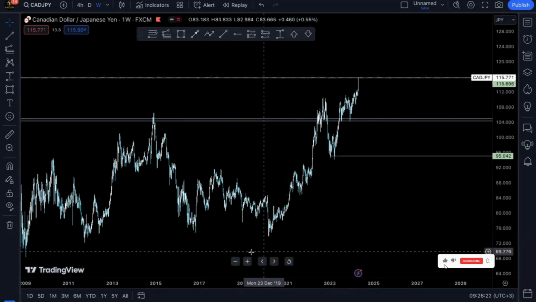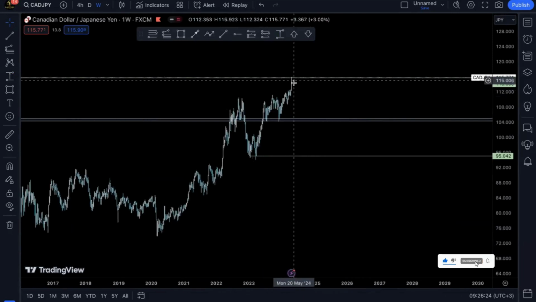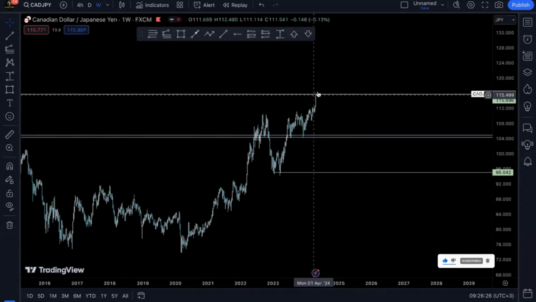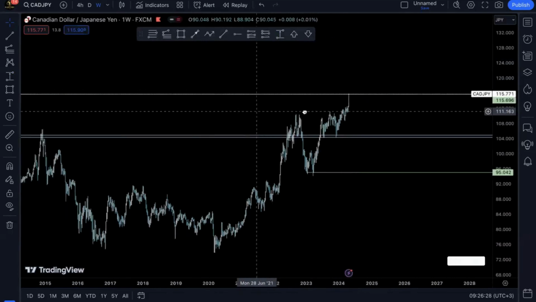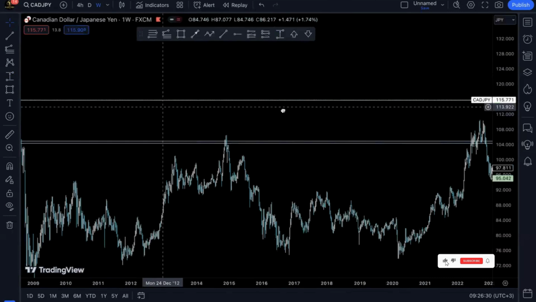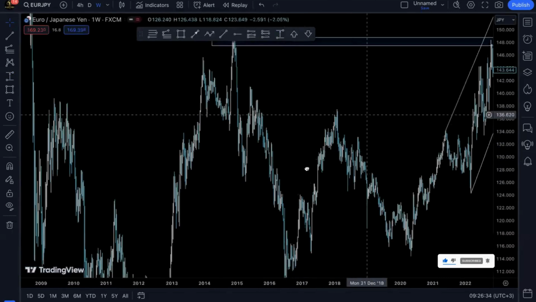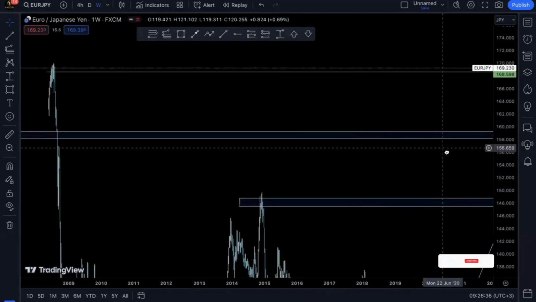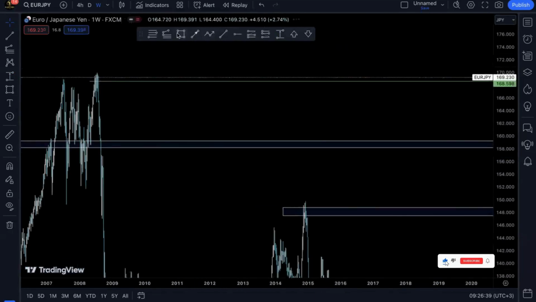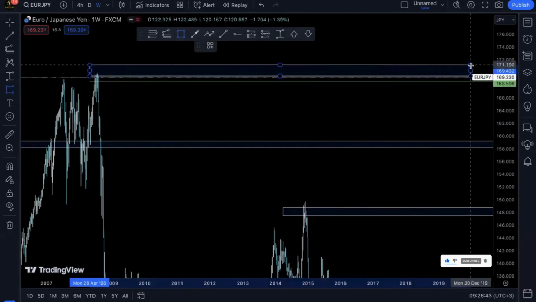So I'll be anticipating to see some kind of a retracement. Now, should prices break above here, obviously it will be a continuation. But these resistances where prices are at, both Euro JPY and CAD JPY, are very strong structures. You can see on Euro JPY where it's at. They are very strong resistance structures.